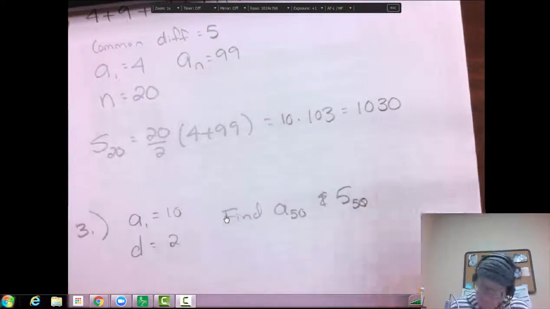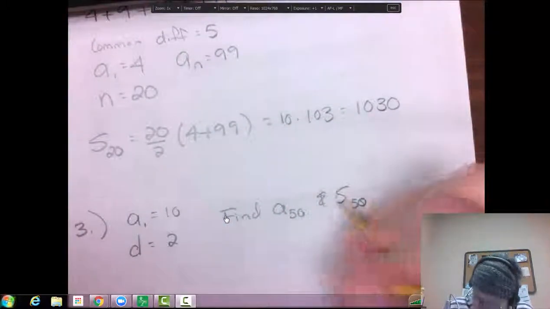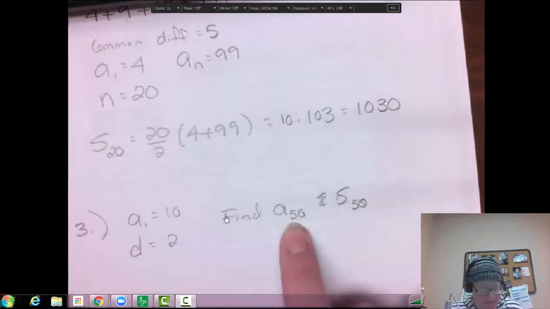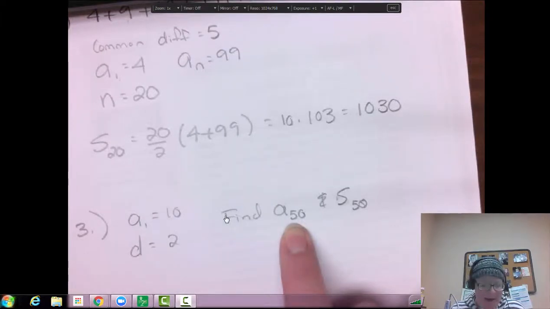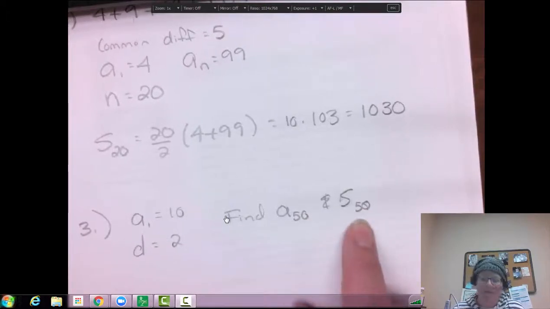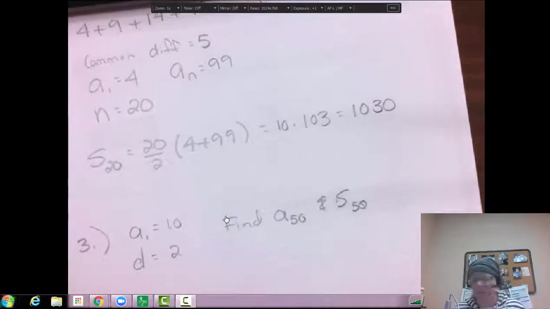Oops, I did not write an S, I wrote a 5. Okay, so what am I looking for here? I want to find the 50th term. Then I want to find what the sequence adds up to all the way to that 50th term. What do all those numbers add up to?